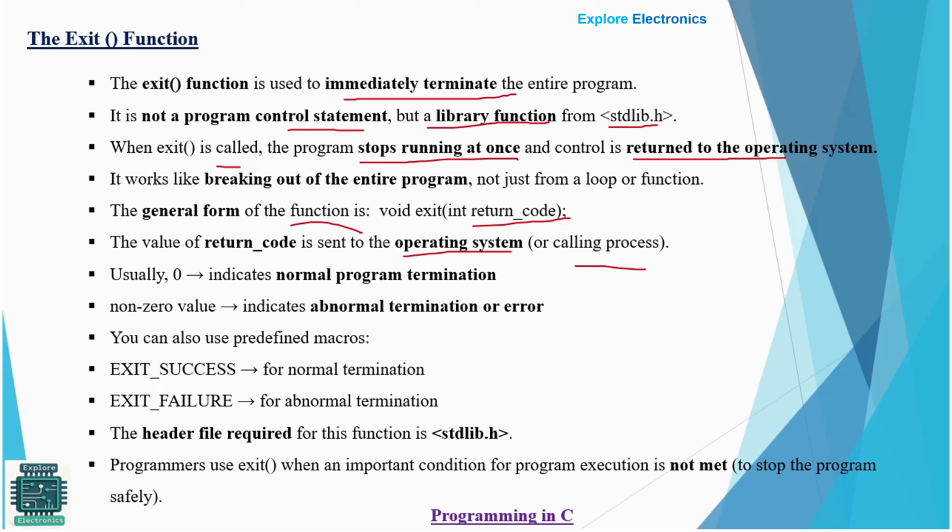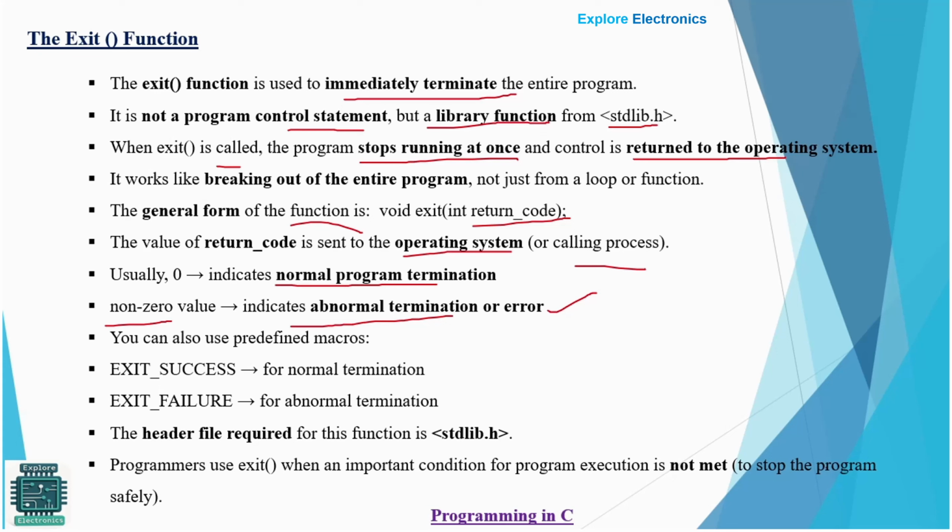Usually 0 indicates normal program termination, and a non-zero value indicates abnormal termination or error. In a simple way to say, if the program gets terminated unexpectedly, during that time it is a non-zero value.